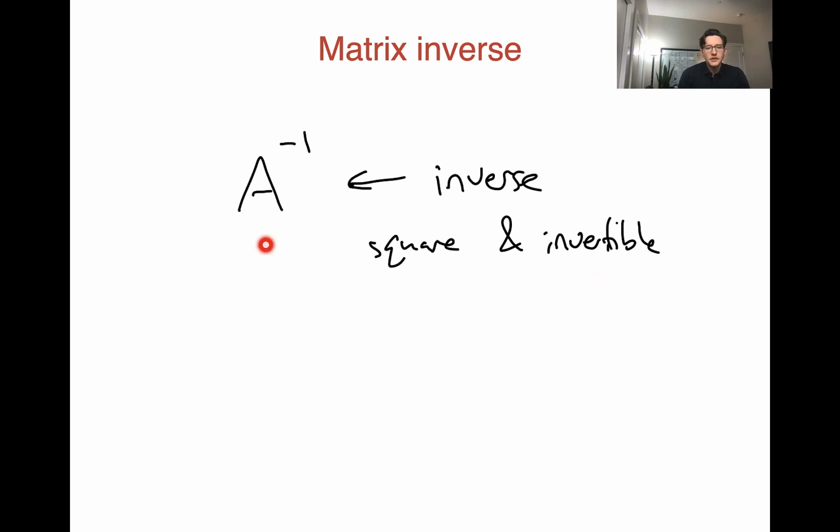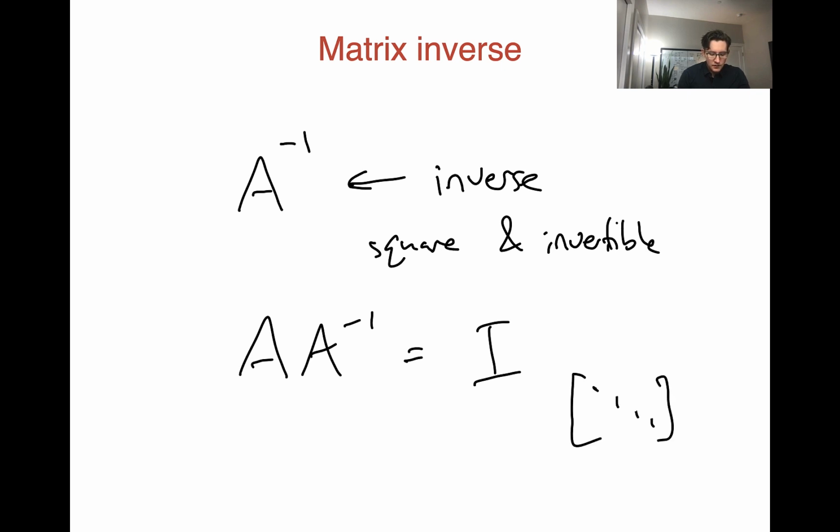That is, for some matrices, the inverse doesn't exist; there doesn't exist a matrix that we can find that has this property. This is how we define the matrix inverse, such that A times A inverse equals the identity matrix. Recall that the identity matrix is the matrix with 1s on the diagonal and 0s elsewhere. So not all matrices A have an inverse. If the inverse does exist, we call A invertible.